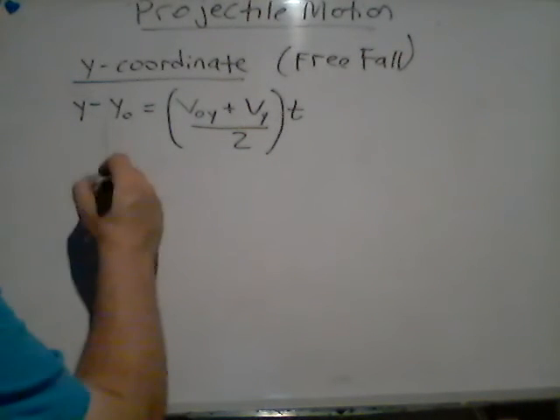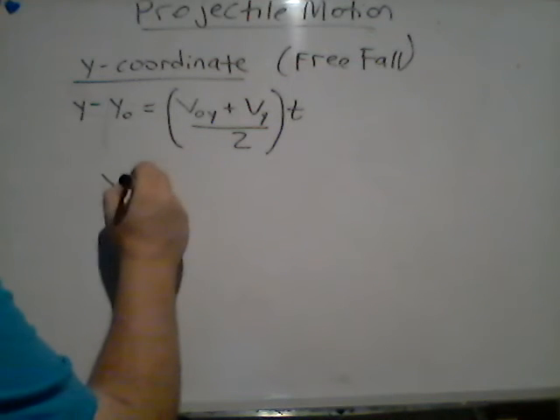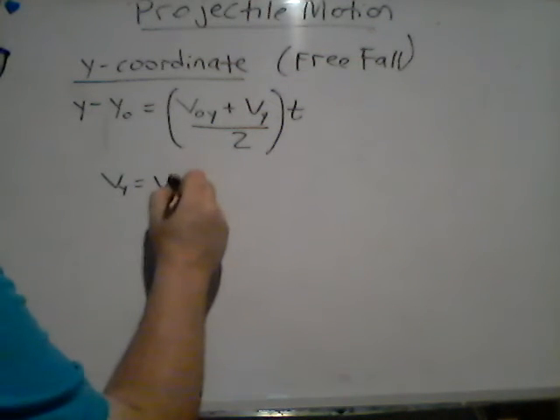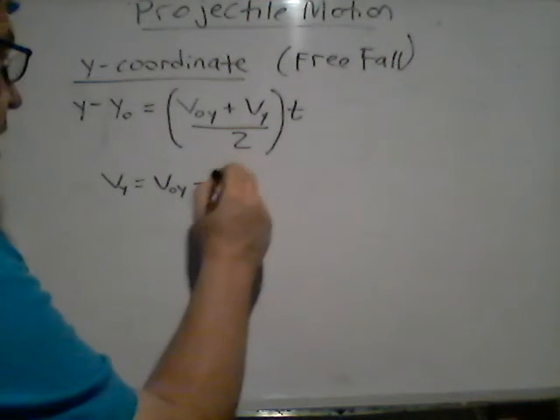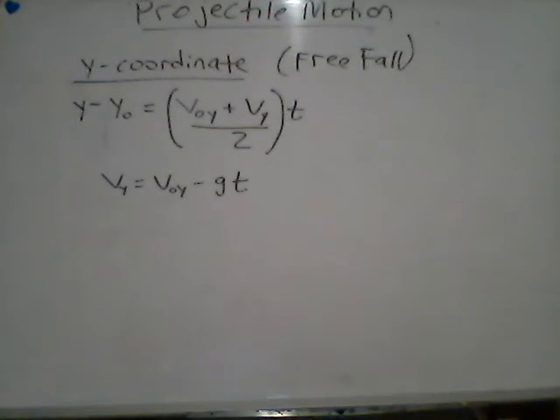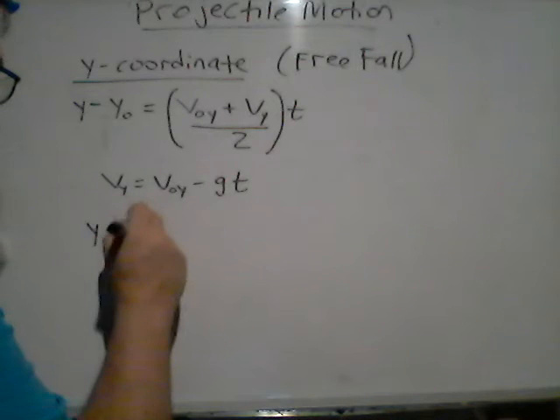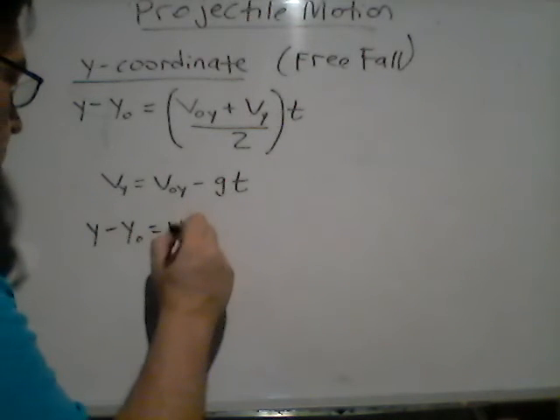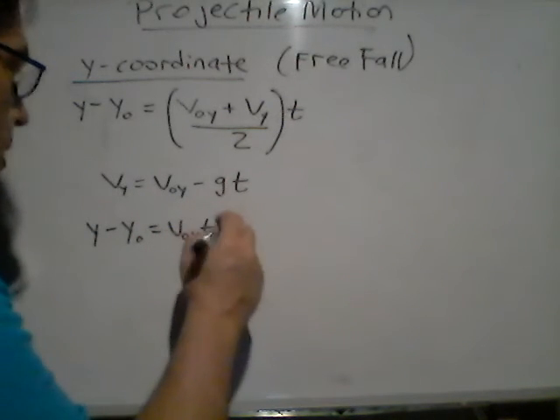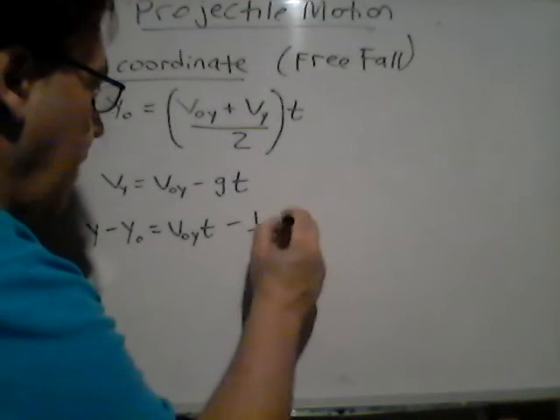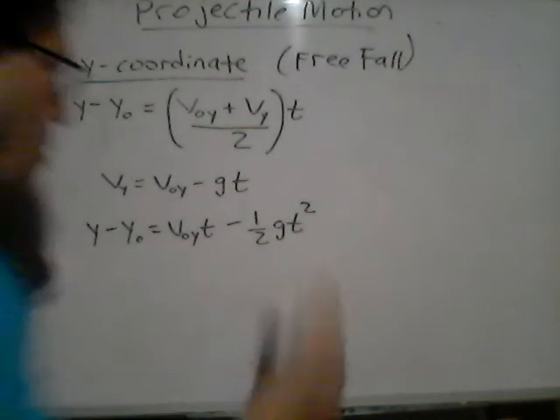Another one that applies is v sub y is v naught sub y minus gt. Again, gravity only applies in the y direction. We're assuming the y coordinate is positive up. Another equation we have is y minus y naught is v naught sub y t minus 1/2 gt squared.